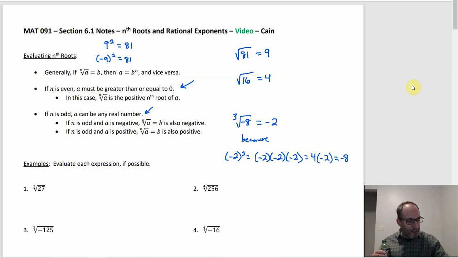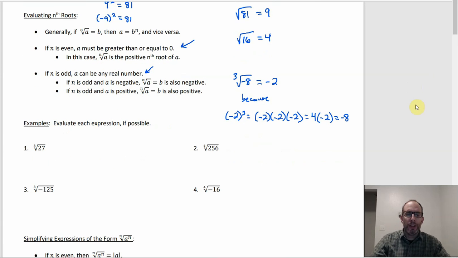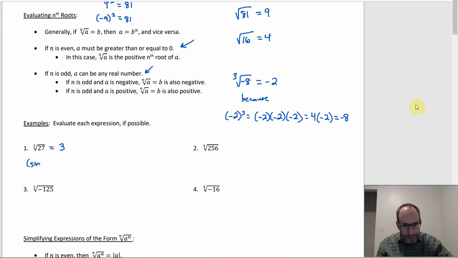All right, so then evaluating these expressions. So the cube root of 27, for that you would want the number that if you cubed it, you would get 27, and that's going to be 3. And that's since 3 cubed is equal to 27.